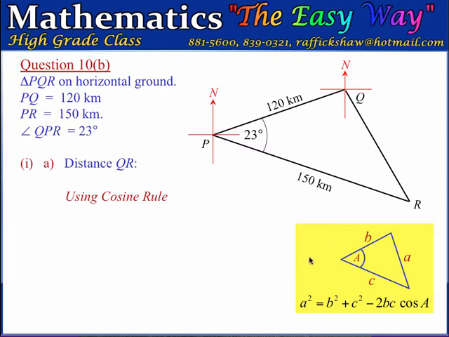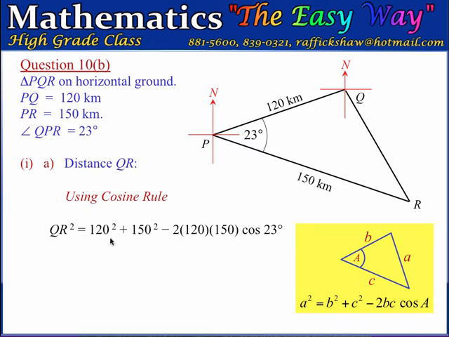If we apply this cosine rule in this triangle, we will see that QR squared, which is the side opposite the 23 degrees, will be equal to this side squared plus this side squared minus 2 times this side times this side times the cosine of the angle between these two sides.